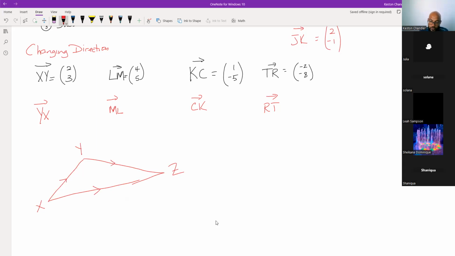Let's just assume that we have this, and XY is 2, 3, and XZ is 1, 4. And I ask you to find YZ.